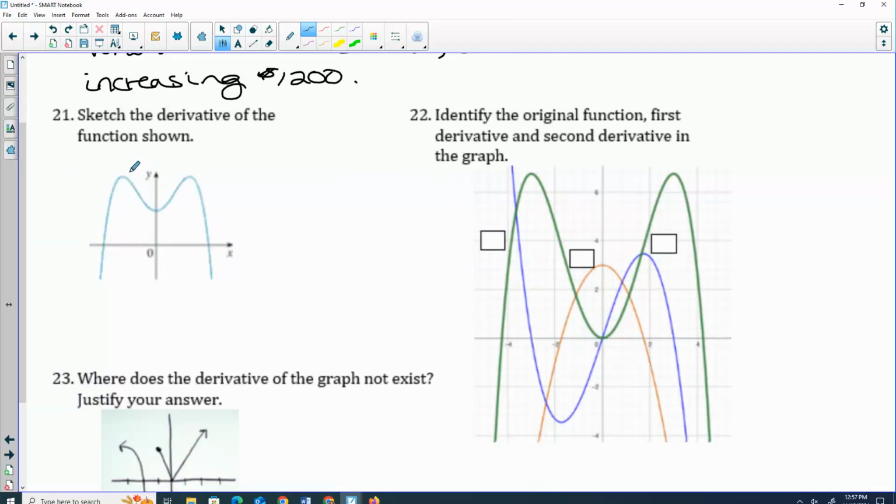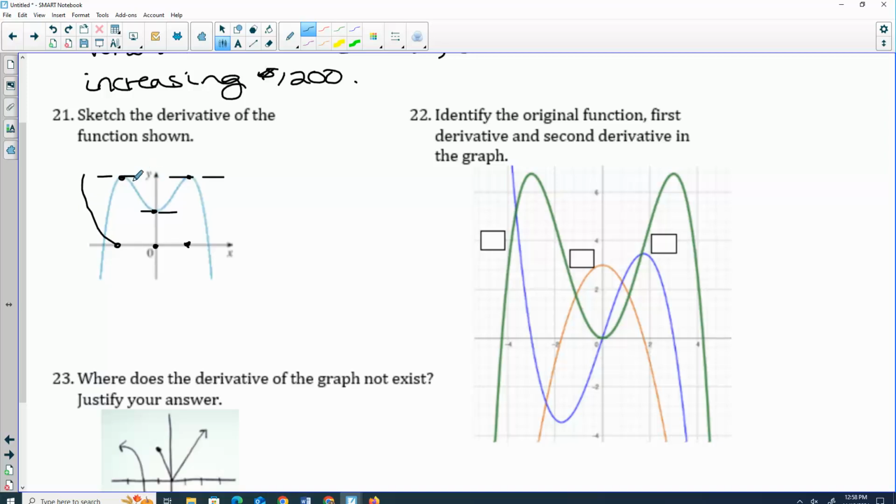If I want you to draw a derivative, that's the slope of the tangent line. Anywhere we have a maximum or minimum, what's our tangent line? So I know at these places my derivative will equal 0. Before that, my graph is rising, so the derivative is above the x-axis, positive.